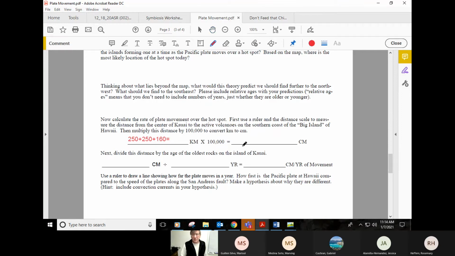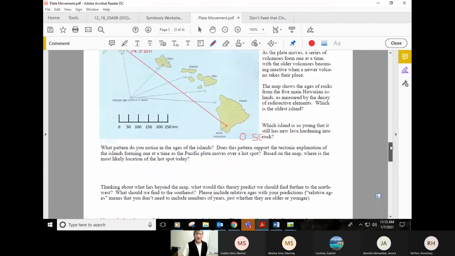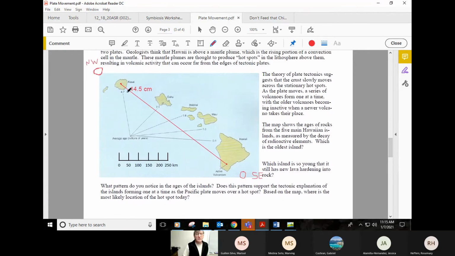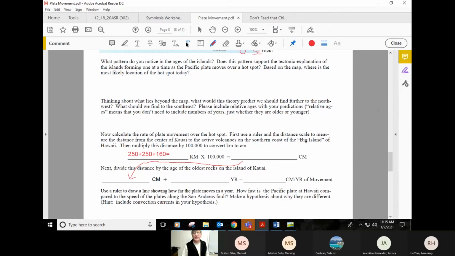Then, we're going to carry this number of centimeters down here. We're going to go back to the map to find the age of the oldest rocks, which is right here. That was 4.7 million years old, not just 4.7, 4.7 million.